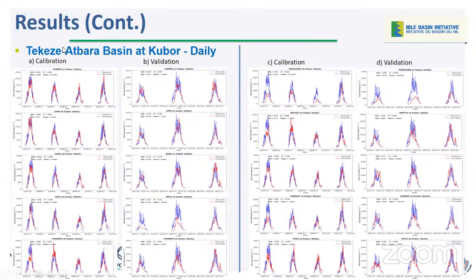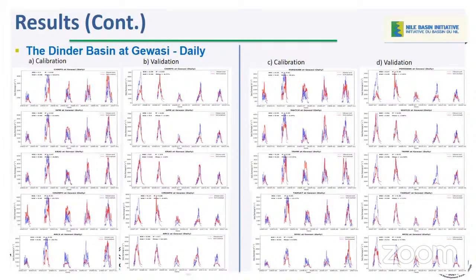This is the calibration period, and this is the validation period for the whole 10 data sets. And here, the Dinder Basin results at El Guesi station, also for the whole 10 data sets.